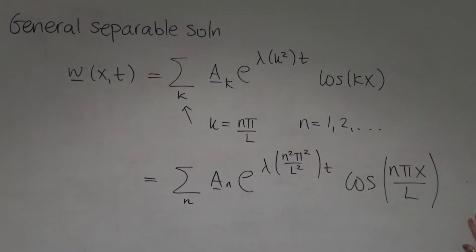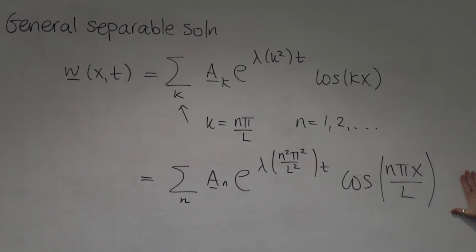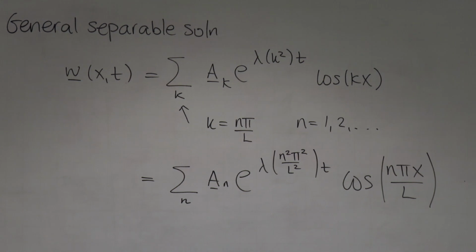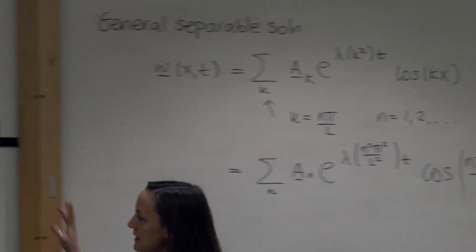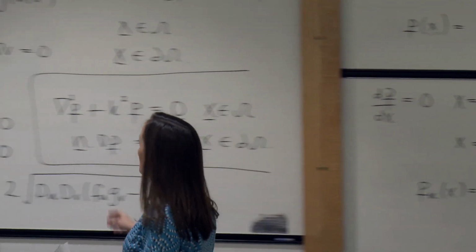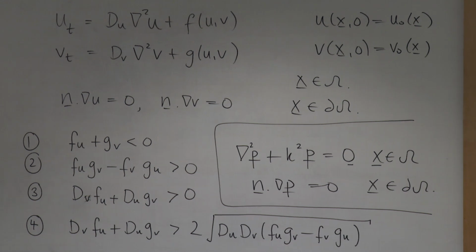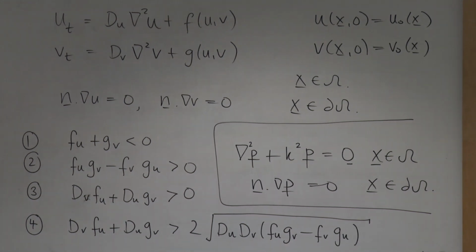So this is the general form of my perturbation. Can anyone tell me what would happen if instead of imposing Neumann, so zero flux boundary conditions on my domain, I'd imposed Dirichlet boundary conditions?